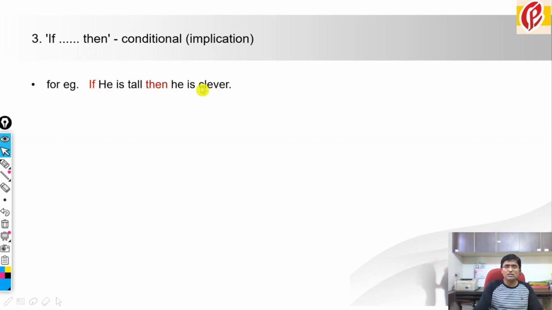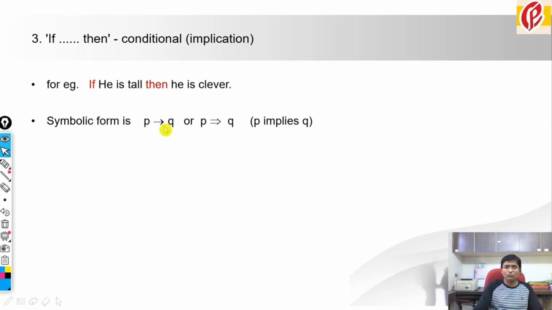Now we'll see how to write it in symbolic form. So he is tall is P and he is clever is Q. Now how to write in symbolic form? P, arrow, and then Q. The arrow is read as implies.